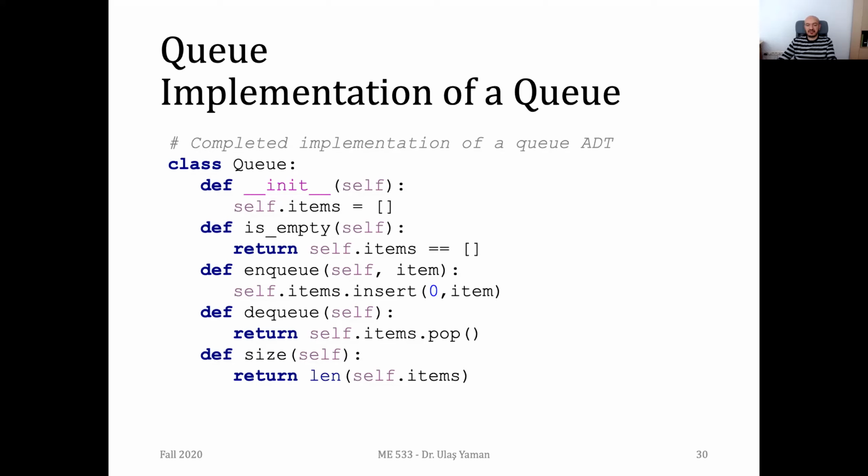We will simply remove the topmost item, and this will be the oldest item in our queue data structure. And the newest ones are always inserted at the 0 index of our list.